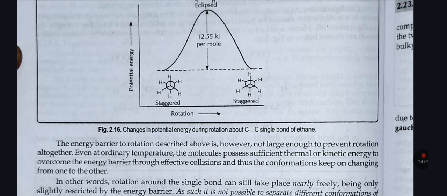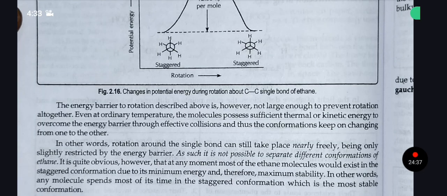Even at ordinary temperature, the molecule possesses sufficient thermal or kinetic energy to overcome the energy barrier through effective collisions, and thus the conformations keep on changing from one to the other. On the other hand, rotation around the single bond can still take place nearly freely, being only slightly restricted by the energy barrier. As such, it is not possible to separate different conformations of ethane.